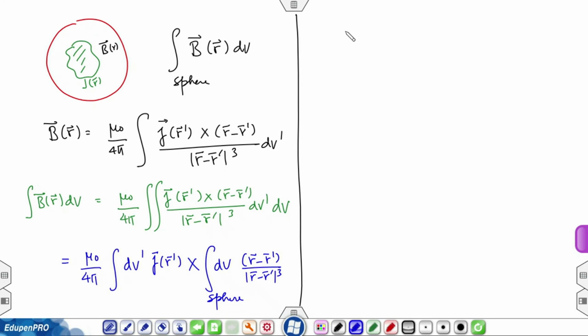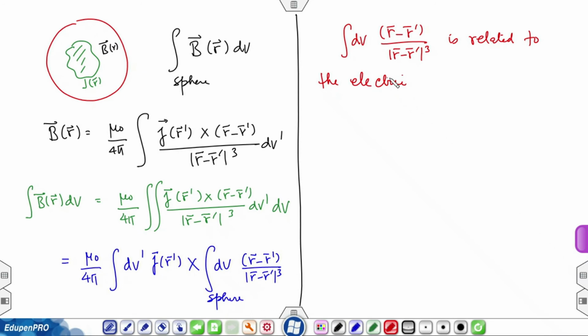You see this term, dV (r minus r prime) over |r minus r prime| cubed, is related to the electric field of a uniform charge distribution over a sphere.